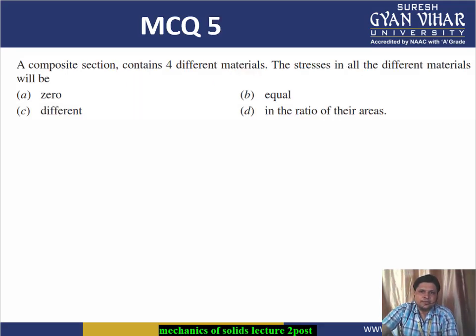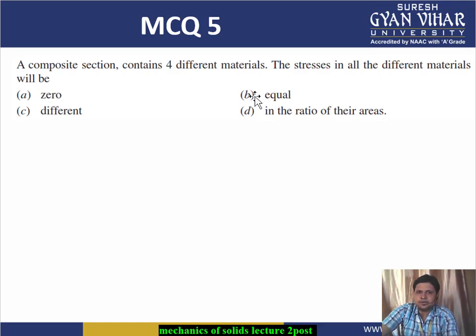The next multiple choice question: a composite section contains 4 different materials. The stresses in all the different materials will be... Now, as you can see, it can't be 0, so option A can't be there. Option B says all the stresses will be equal.